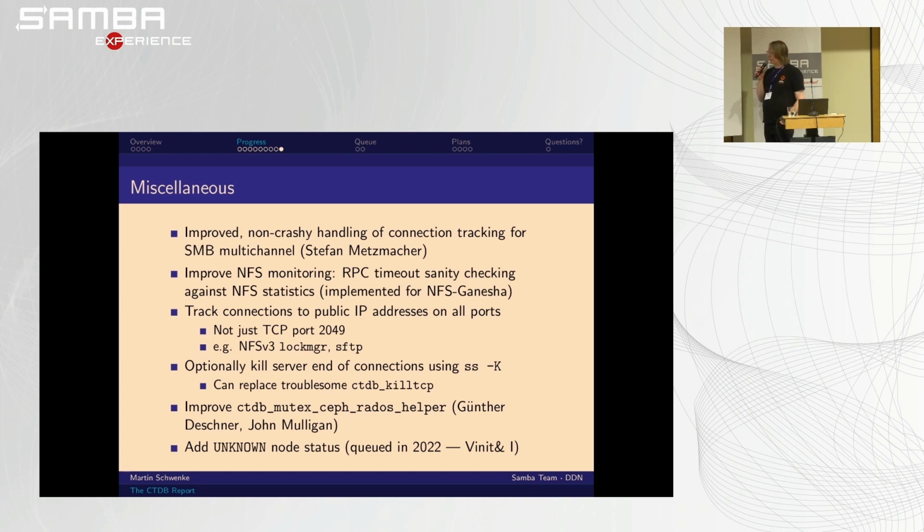So with a bunch of other changes, it made sense to finally fix that and track connections to all ports. We have this troublesome command called CTDB kill TCP, which kills the server end of connections. So we track them, we try to kill them. And we've just had a lot of bugs and a lot of corner cases in it over the years.